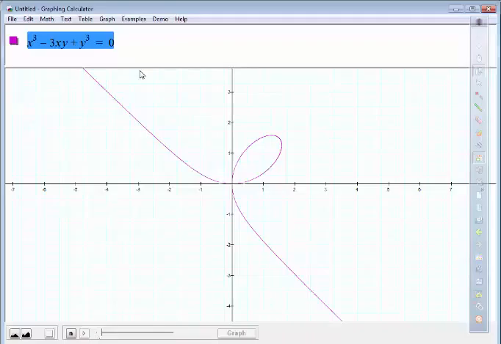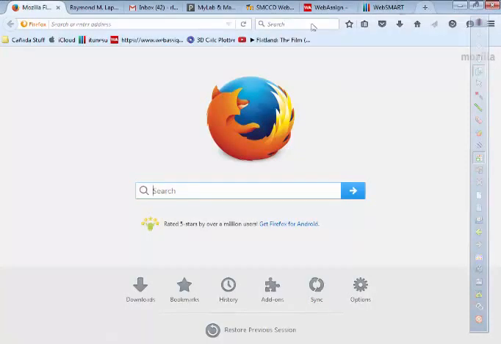I would call this like a relationship between x and y. Do you guys remember looking at a graph that looked like this? This is some special graph or something. I think it's called the witch. I don't know. Maybe I'm just making it up. Let's see if I'm making it up.